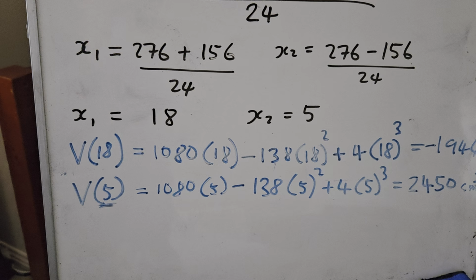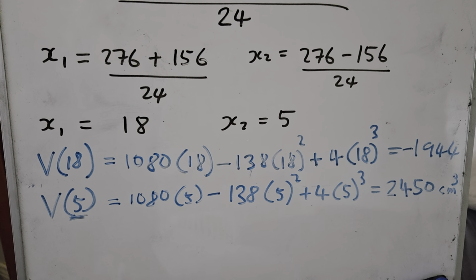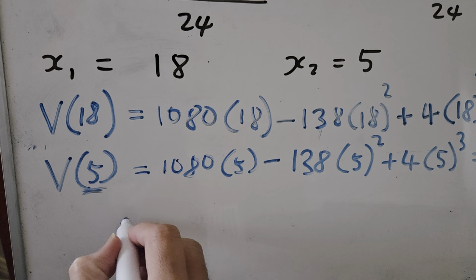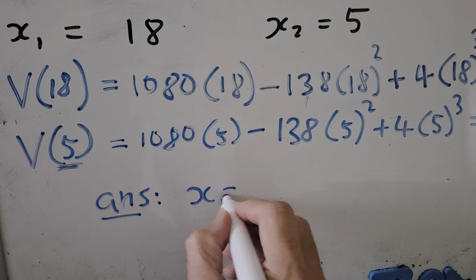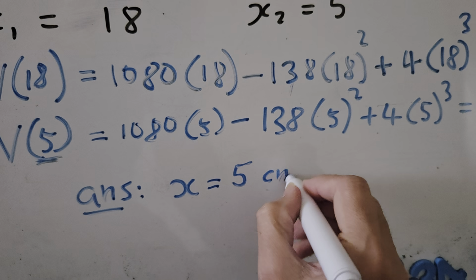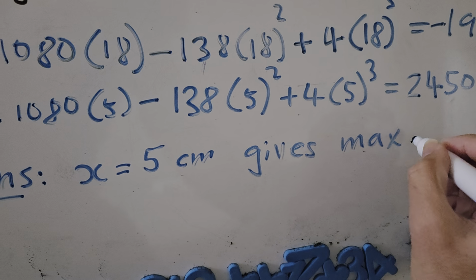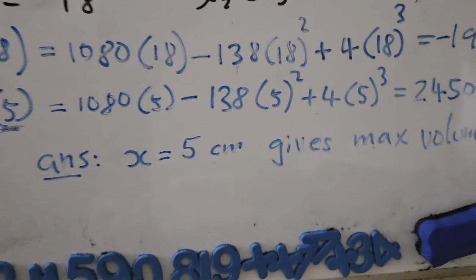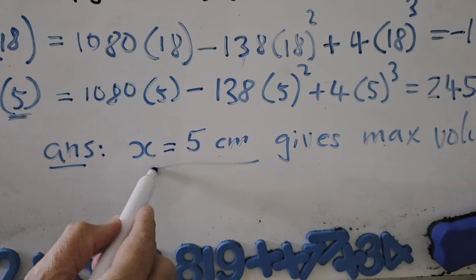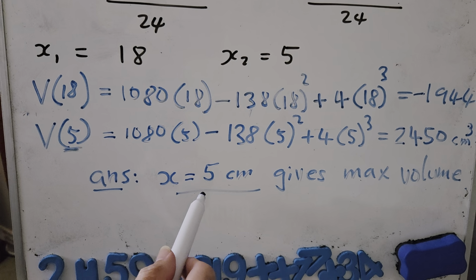Don't leave your working out just there. The examiner wants to see whether you have identified the correct answer. So the answer is: x is equal to 5 centimeters gives the maximum volume. That's what the examiner is looking for.